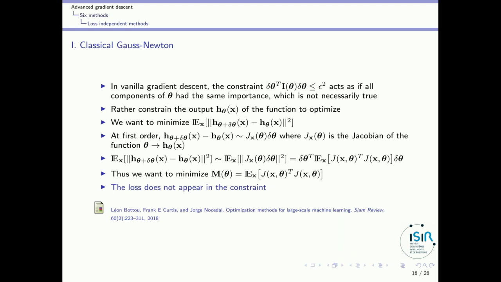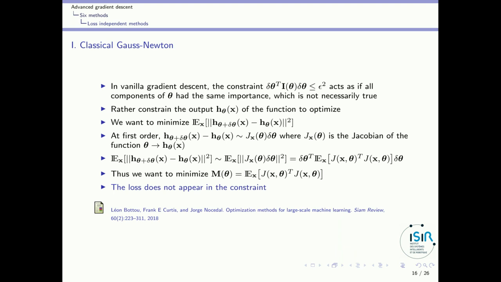So after a quick calculation, again I'm taking this expectation that I want to minimize. I can rewrite it with the Jacobian here instead. So I can rewrite it in that particular way. Okay, I am just expanding the squared so that I move the delta of theta out of the expectation here and here.